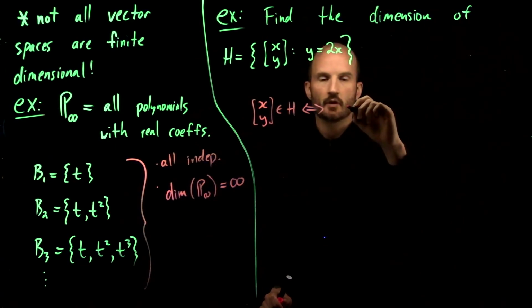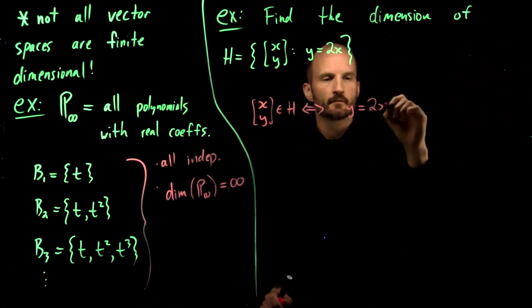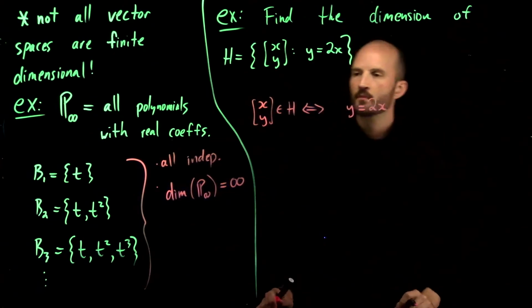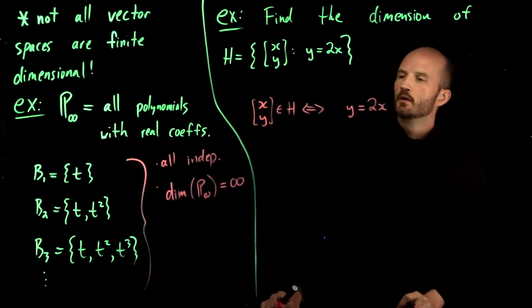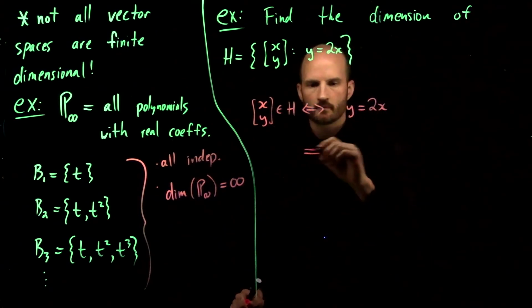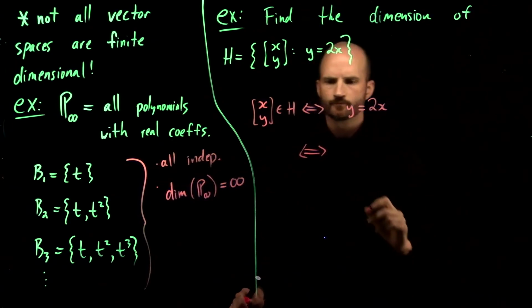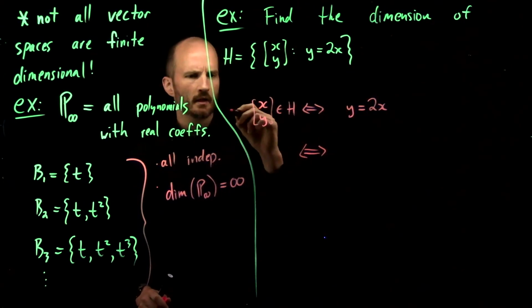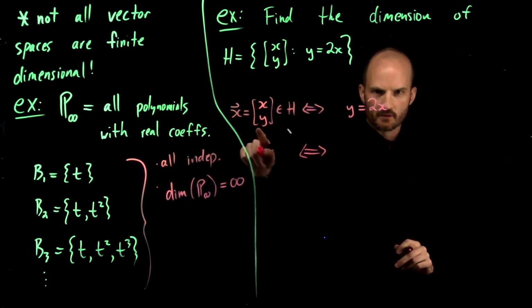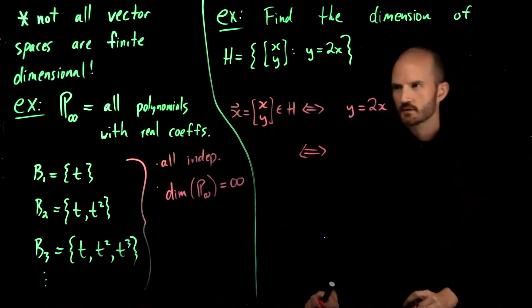So what does this tell me? Well, I know that y is equal to 2x. So if I have something in H, that means y is equal to 2x. Let's give this vector the name x here. So call this vector here the vector x.